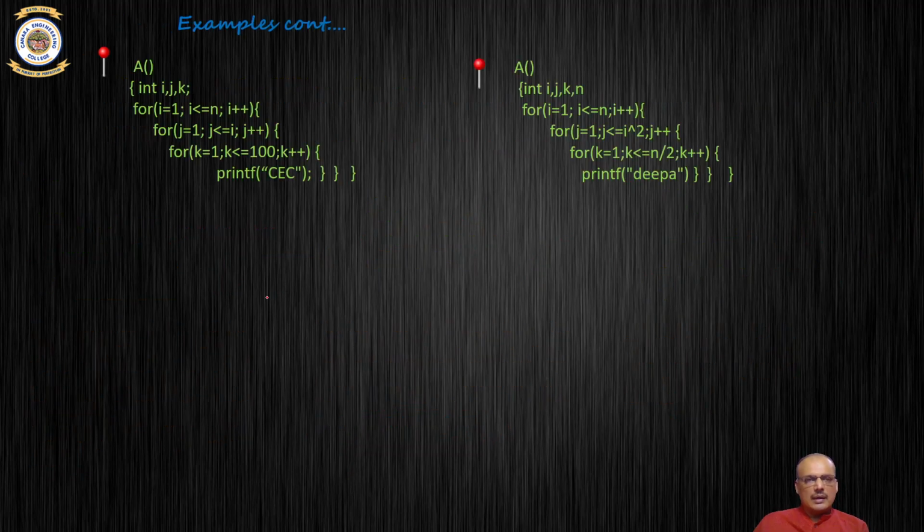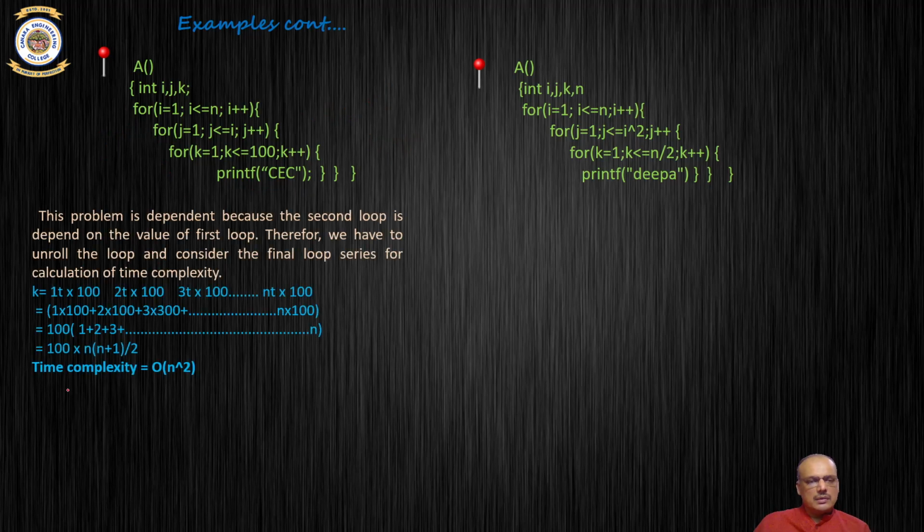Let's move further. Look at this particular piece of code. What actually happens here? This printf runs 100 times, and if you have seen my previous video lecture, you have seen that this is a progression of 1 plus 2 plus 3 plus 4 up to n, and can be written as n into n plus 1 by 2.